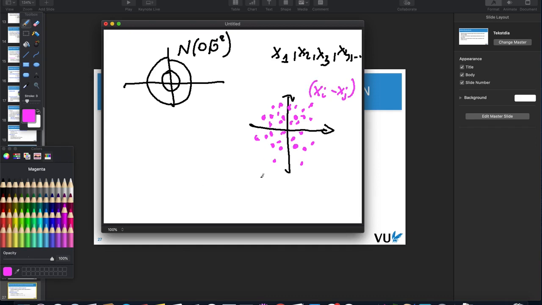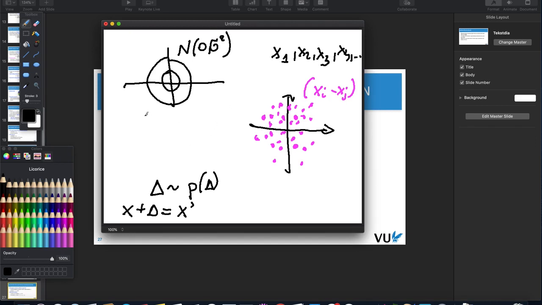And now you can think of this as our perturbation, that it follows from some distribution. So in general we have x plus delta, and this is our new point.